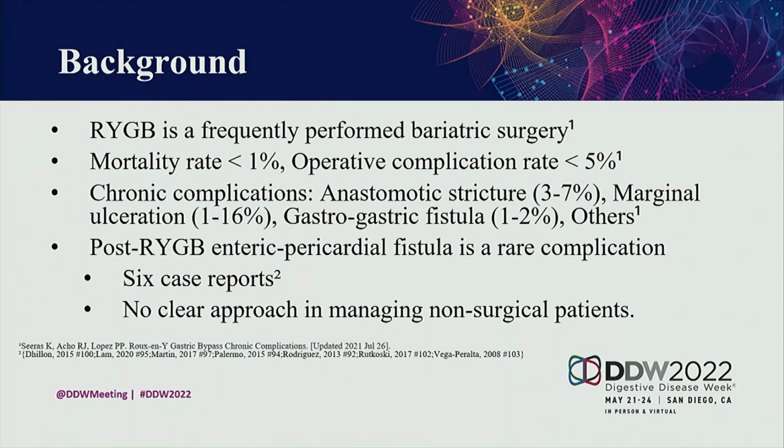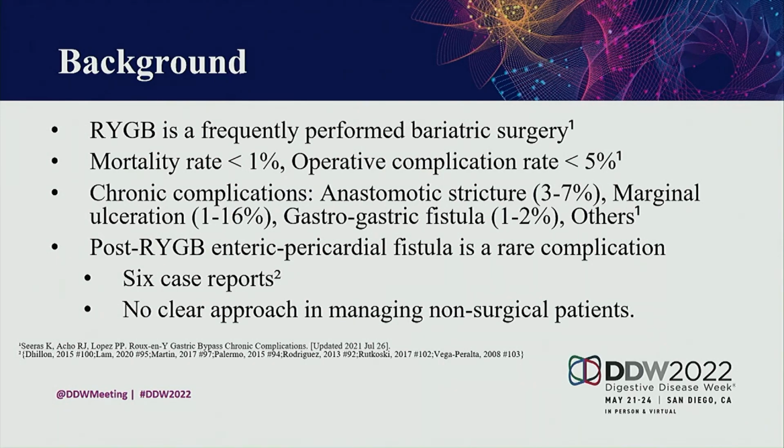As you all know, Roux-en-Y gastric bypass is a frequently performed bariatric surgery in the US. The mortality rate is less than 1%, with operative complication rates less than 5%. Chronic complications include anastomotic stricture, marginal ulceration, gastric fistulae, and other chronic complications like malabsorption.